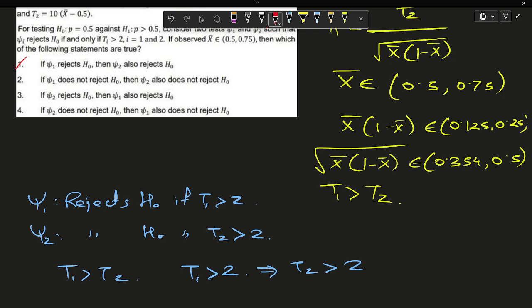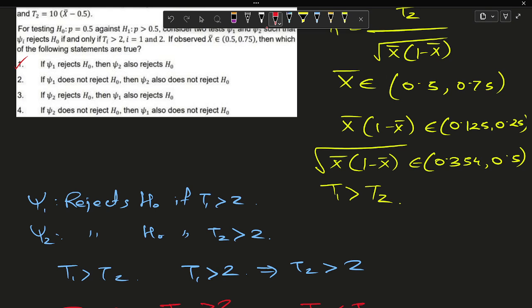Now we are going to think about option 2, which is telling us that if phi 1 does not reject H0, then phi 2 also does not reject H0. Now if T1 is less than or equal to 2, then it is possible that T2 is greater than 2, as T2 is less than T1, that is not guaranteed.